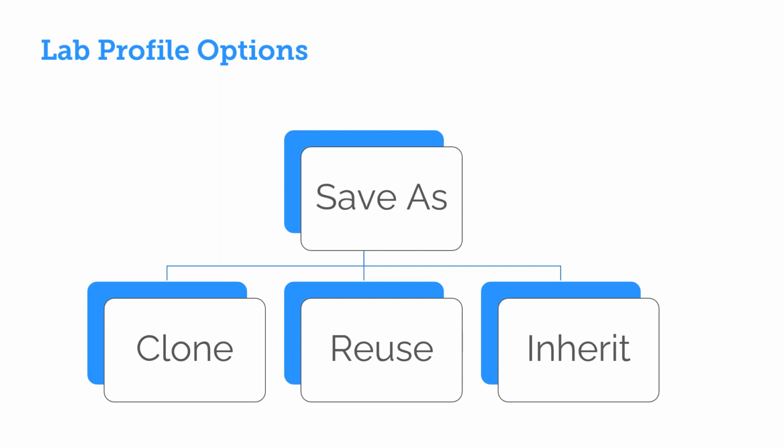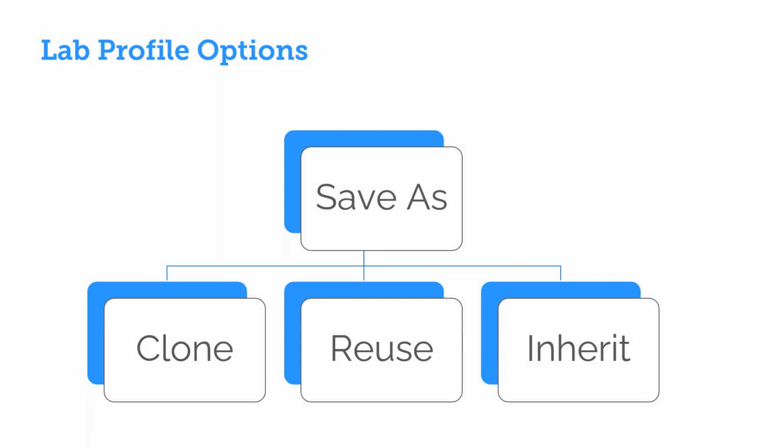And then when you do save as, you're creating a child lab profile. Now, if we make an edit to the parent, the child gets it. But if we try to make a change to the child, it will not go through that way. It won't allow you to save the changes on the child. You only ever make the changes on the parent, and then all of the children will get those changes.